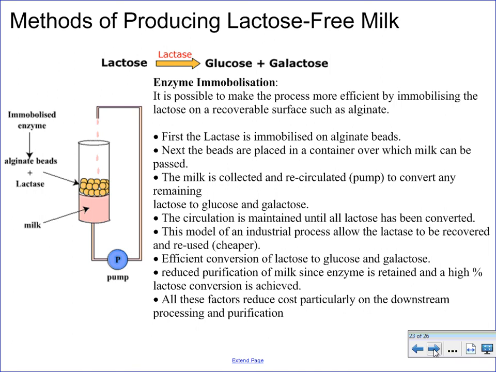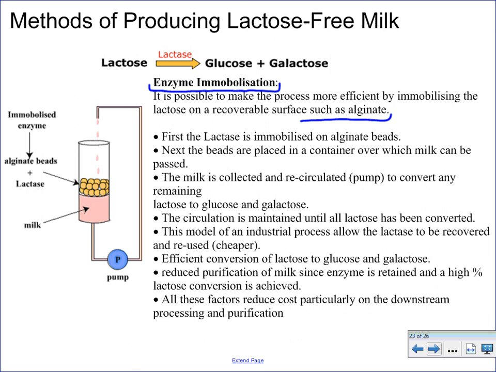So there are some different methods of producing lactose-free milk. One of the methods, which obviously relates to this lesson, is through enzyme immobilization. So it is possible to make the process of generating lactose-free milk more efficient by immobilizing the lactase on a recoverable surface such as alginate or alginate beads.